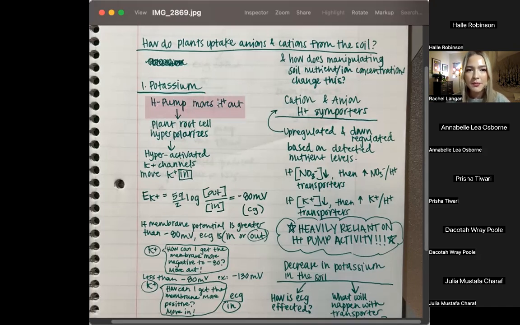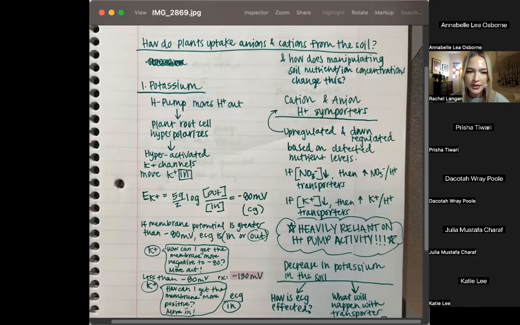If the hydrogen pump is pumping protons out, it gets the membrane potential to around -130. In that case, our potassium ion wants to be at -80. We're not there, and it thinks, how can I move the membrane potential to be more positive? Well, the potassium knows if it moves into the cell, it will get closer to -80. So the electrochemical gradient is going to be inward.